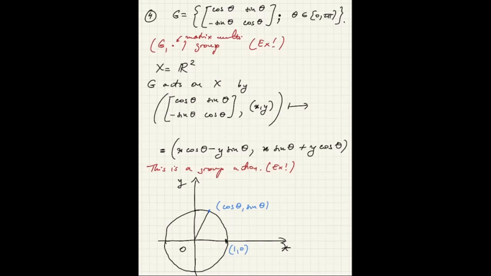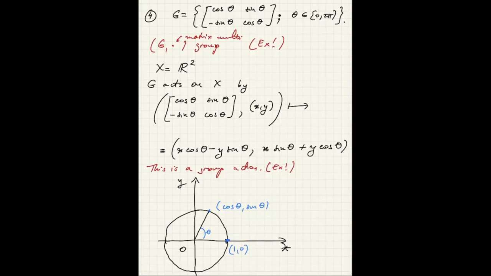So that's a counterclockwise rotation by an angle of theta. And cosine theta, sine theta is what we obtain by acting with this matrix on this point of coordinates 1, 0.